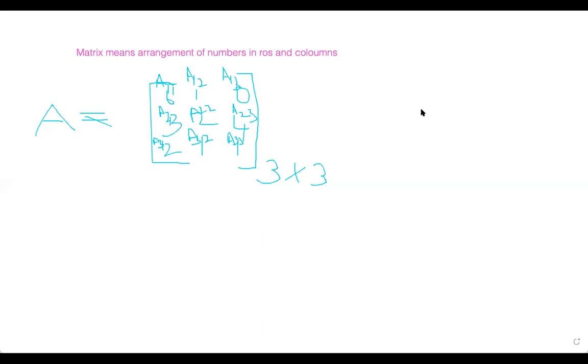समझ में आ रहा है? Yes, ma'am. Any doubts? No, ma'am. So I will do one thing. I will draw another matrix. See here.